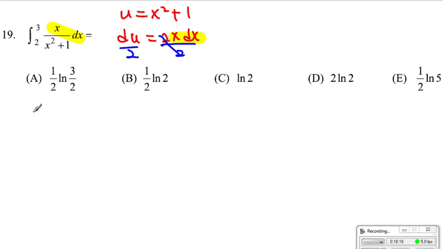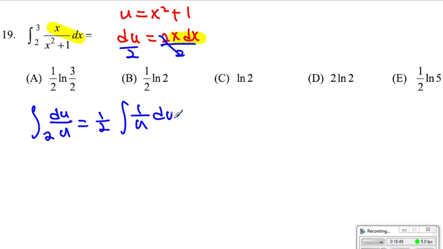And that expression now turns into, I'm not going to write out the integral limits because I'm going to go back to x. The limits actually have to be changed when we change the variable from x to u. Then we end up getting du over 2, and then this one is simply u, which will be equal to 1/2 times 1 over u du.